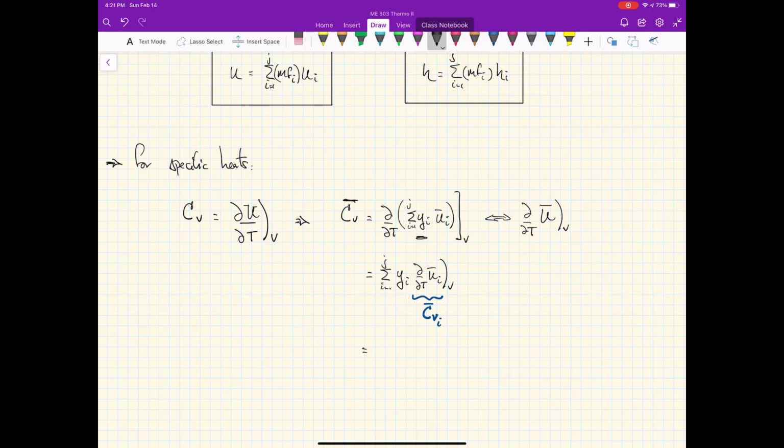And so, of course, each individual mole fraction is not a function of temperature, whether at constant volume or not.